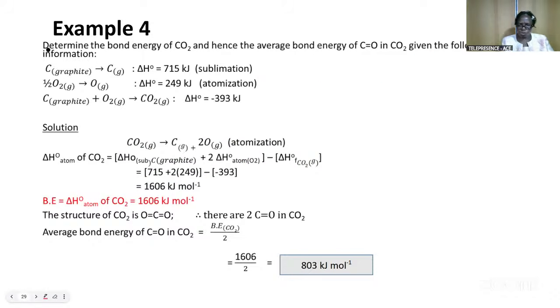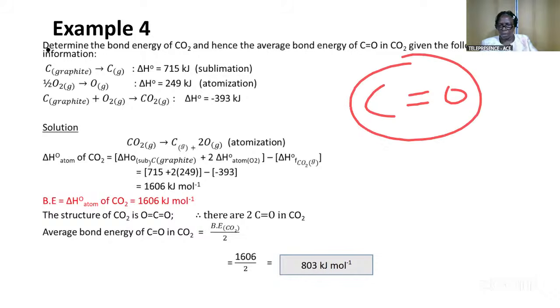Now, yesterday I explained to you that when you look at any bond, we are talking about delta H and relating it with bond energy. I gave you an example earlier on how you reverse it. So you can see clearly that here we are not talking about bond energy. We are talking about the enthalpy of formation for a molecule, and then you obtain the delta H of atomization.